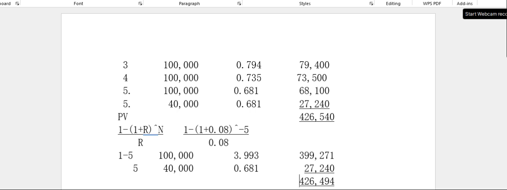But once there are changes, maybe in years 1, 2, and 3 you are expected to pay a fixed payment of 100,000, and in year 4 it increases to 200,000, you can use annuity for years 1, 2, 3, but you can't use it for year 4 and year 5. That's what I'm trying to explain. So it is not in all cases that you can use annuity. That's what I'm saying in a short note. Is it clear?